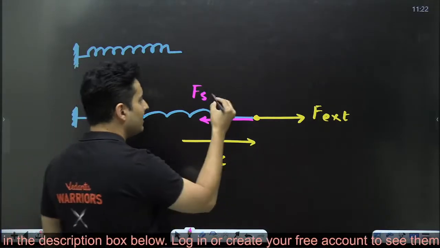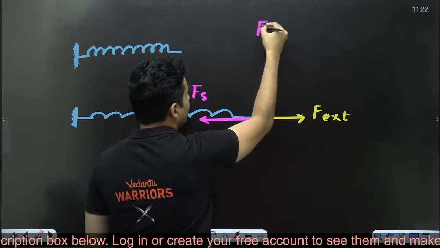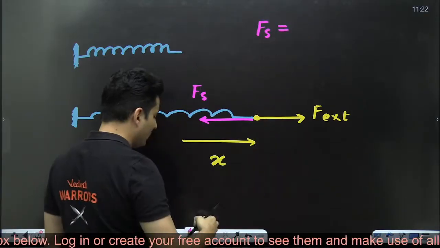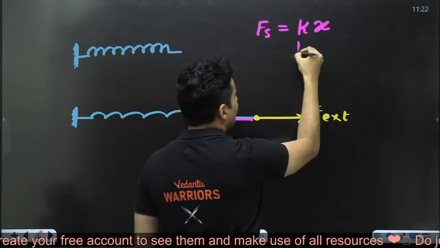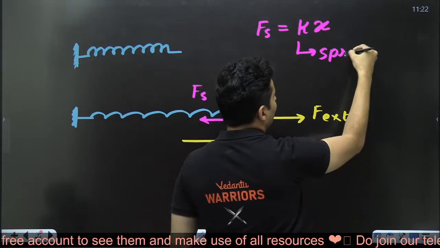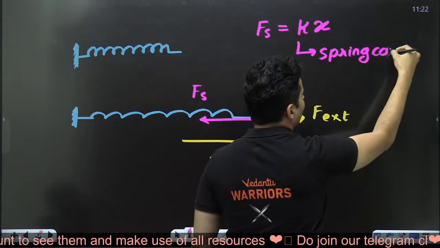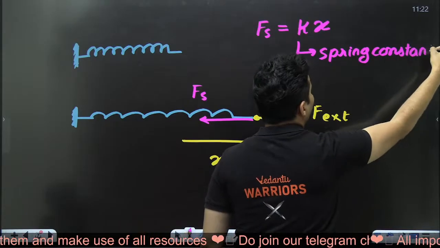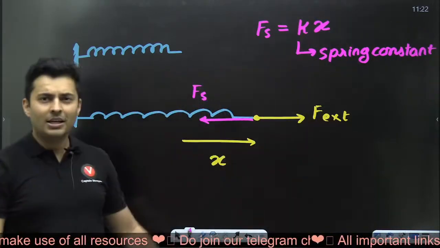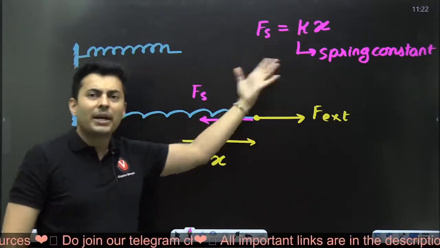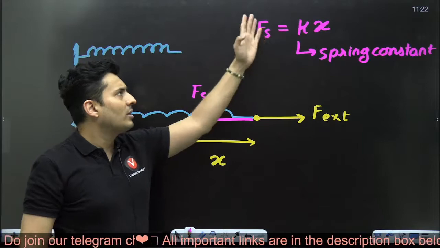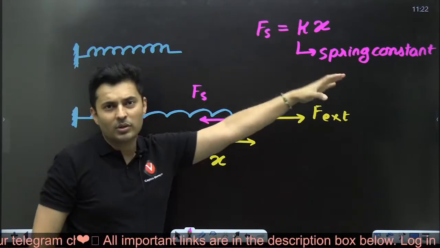And we know this Fs will be equal to K into X. What is K? K is called your spring constant. These are all magnitudes. Don't think about the minus sign. Many people will think, sir, where did the minus sign go? No, I'm just talking about the magnitudes. So it's a positive value equal to positive into positive.